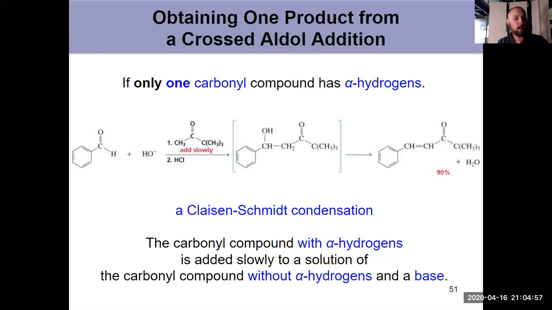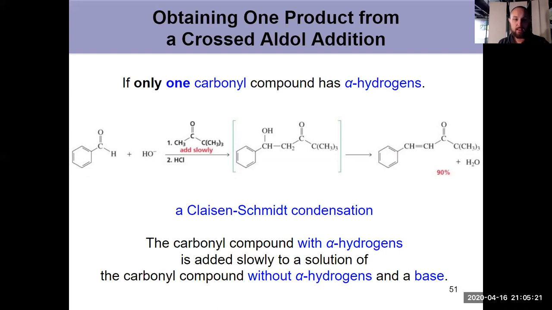And the order that you add these things is important. Notice it's a two-step reaction. We start with benzaldehyde in a solution with hydroxide, and then we add in our carbonyl that has the alpha hydrogens slowly. So we add the thing that has the alpha hydrogens to the thing that doesn't have them.